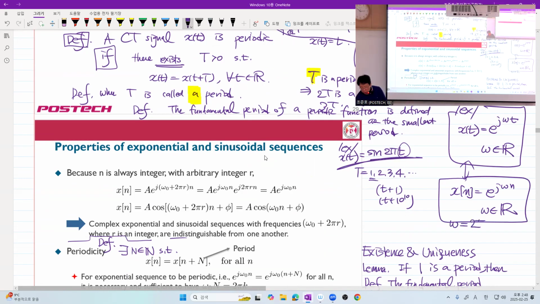It requires that this omega needs to be 2 pi times a rational number in order to be periodic. Got it? And another one is that a discrete time constant function has the fundamental period, which is 1. Okay?